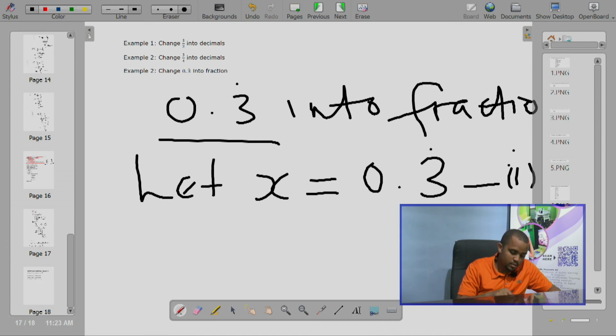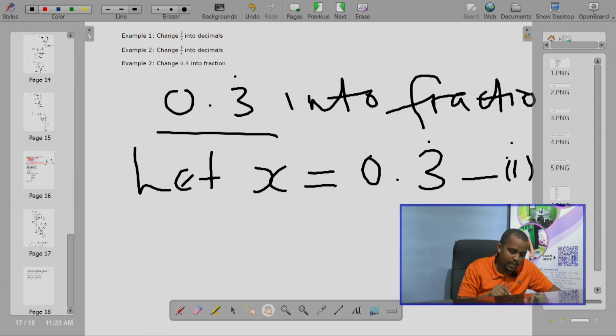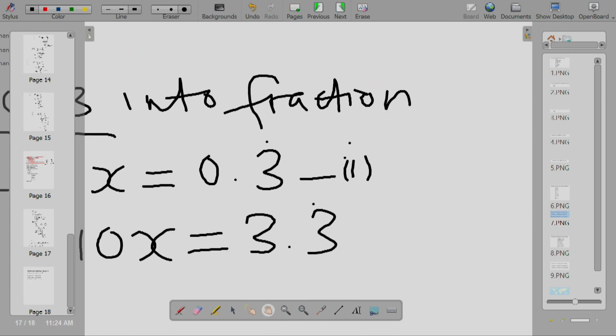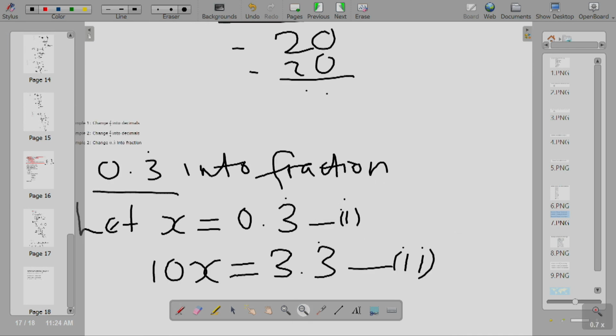So if you multiply it by 10, we will get 10x equal to 3.3 dot. Let's call this equation number 2.